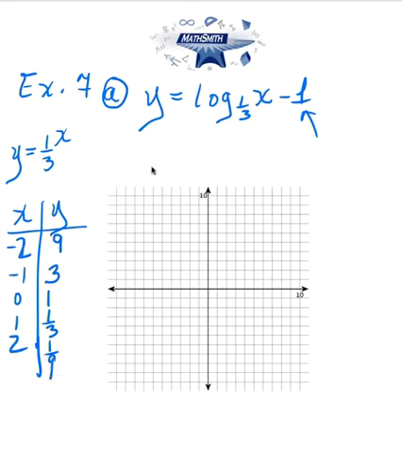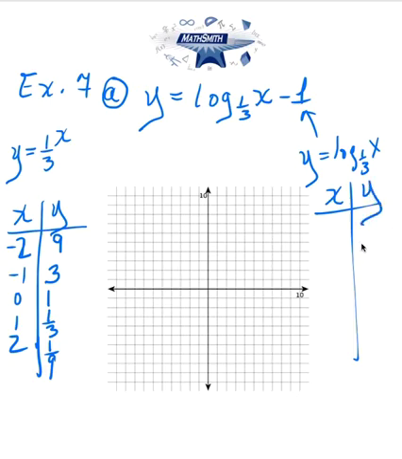My untransformed function, without the vertical shift, y equals log base 1/3 of x, will have the domain and range swapped from its inverse, the exponential function. In other words, I'm going to copy the y values over into the x.